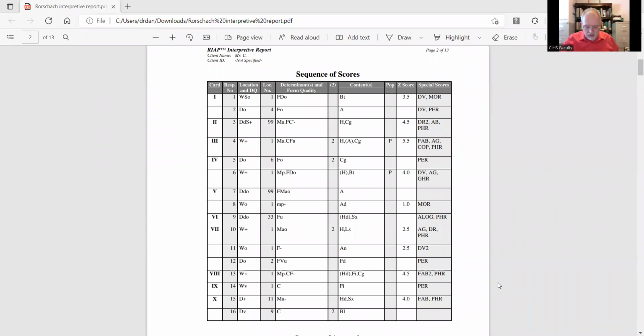So now, a response that is not ordinary does not mean that it's bad. It just means that it's a bit more meaningful. It means it's interpretable. Okay. And then we go down here and you can see all the ones we talked about before.